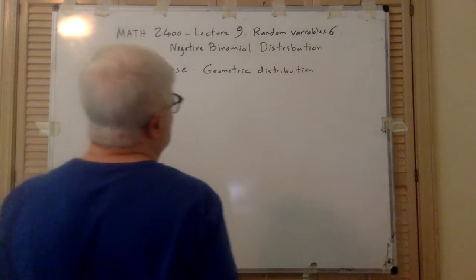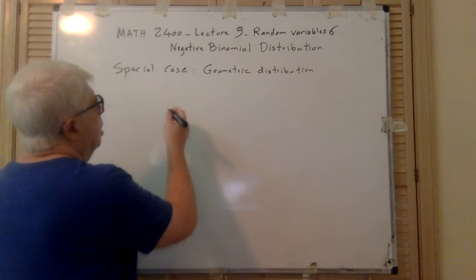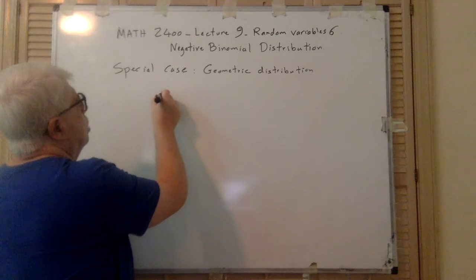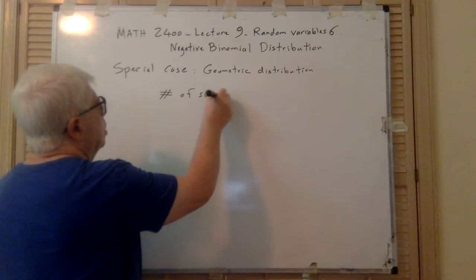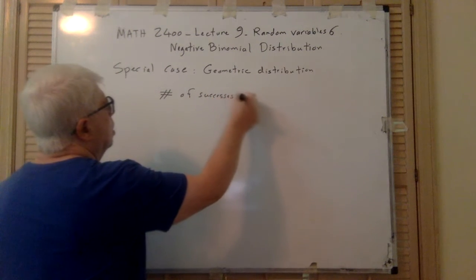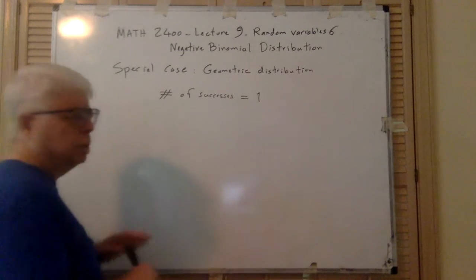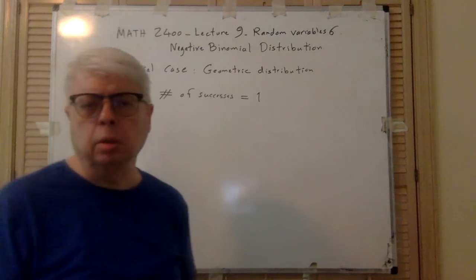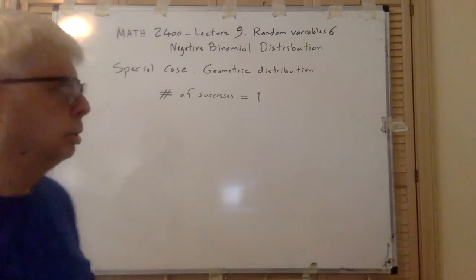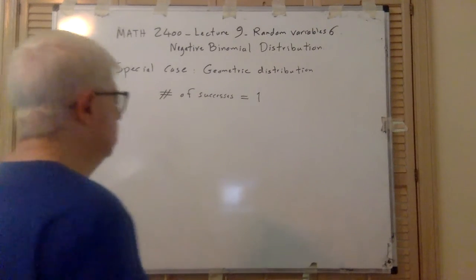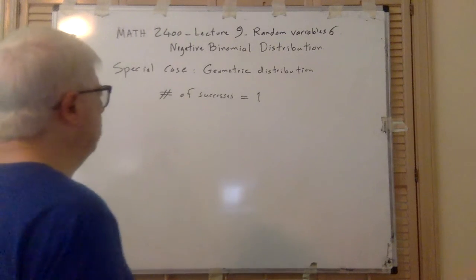So geometric distribution is when number of successes is just 1. So you just say, okay, I will play until I win just once, and then I stop. So, well, I'm not a gambler or something.